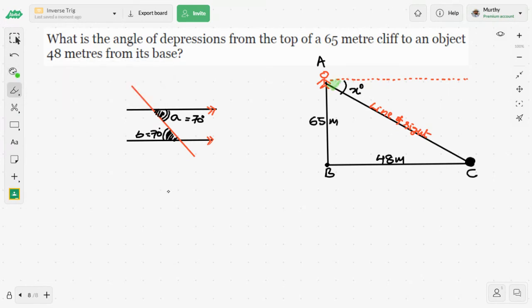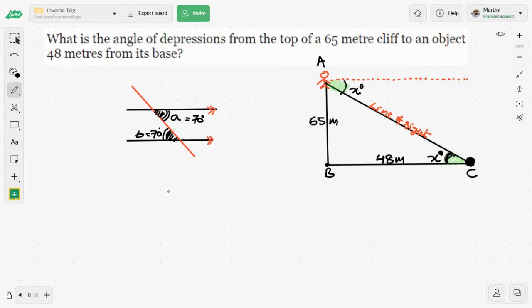That is, if this one is x degrees, then obviously angle C is also the same, that is also x degrees. So if you are given the angle of depression, then you may consider this one as an angle of elevation also.